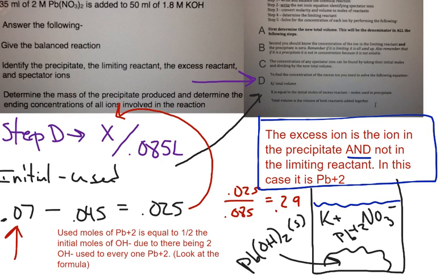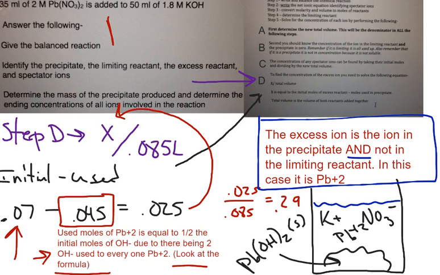Minus the moles used, which will be this number right here. And please read this red right here at the bottom. It says, used moles of Pb2 is equal to half the initial moles of OH minus, due to there being 2 OHs used to every 1 Pb plus 2. Then it said to look at the formula, and that's a reminder for me to write the formula.